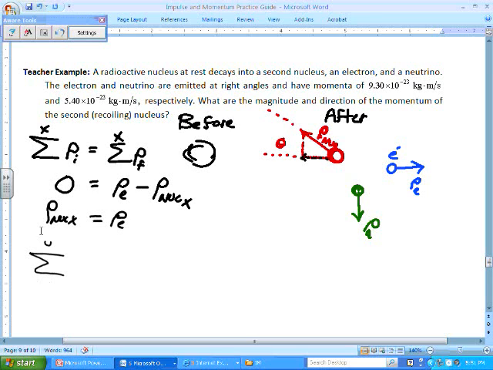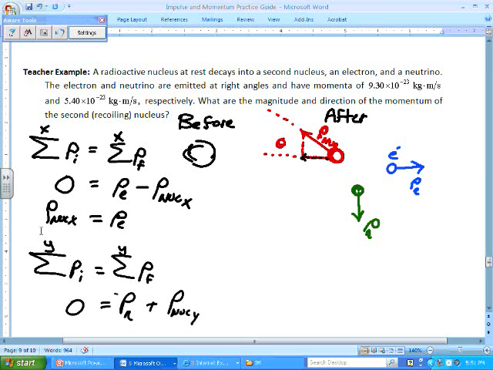And likewise, in the y direction, we can make a similar statement. So 0 is going to be equal to the momentum of the neutrino, so rho neutrino, plus the y component of the remaining nucleus.